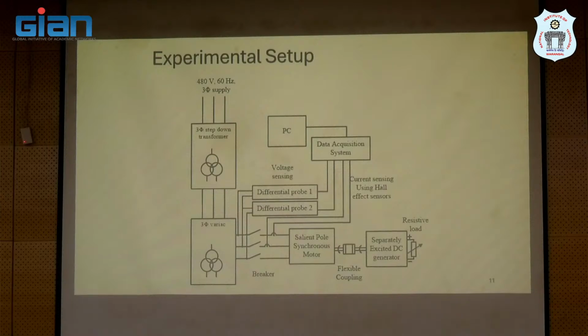So you need a data acquisition system, and it should be capable of sampling the signals of interest at a rate fast enough to capture the highest frequency component of your interest in the signal. This is very important to keep in mind.